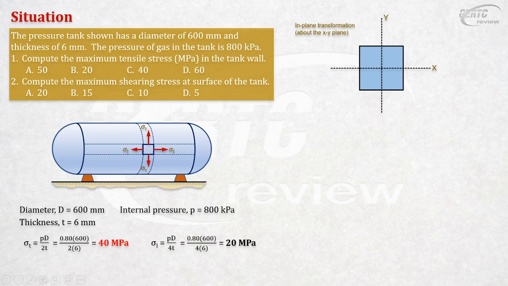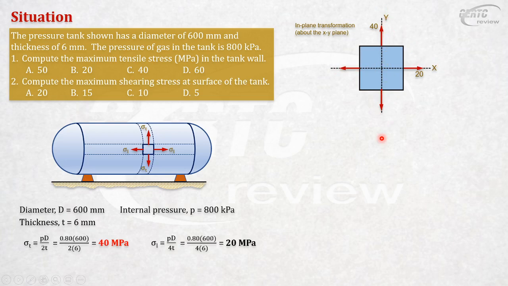Along X is your sigma L, which is 20. And along Y is your sigma T, which is your 40. Clear? Okay, sigma longitudinal, sigma tangential.